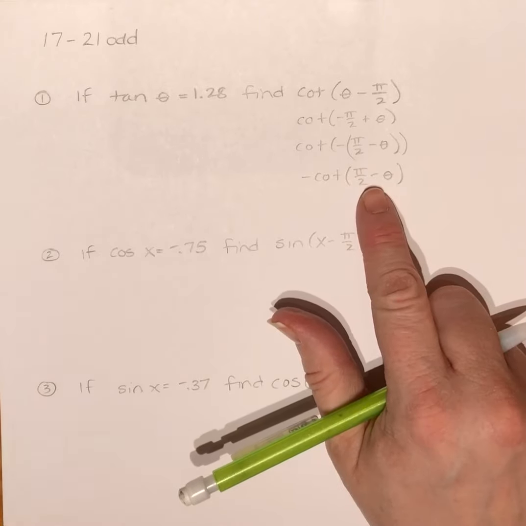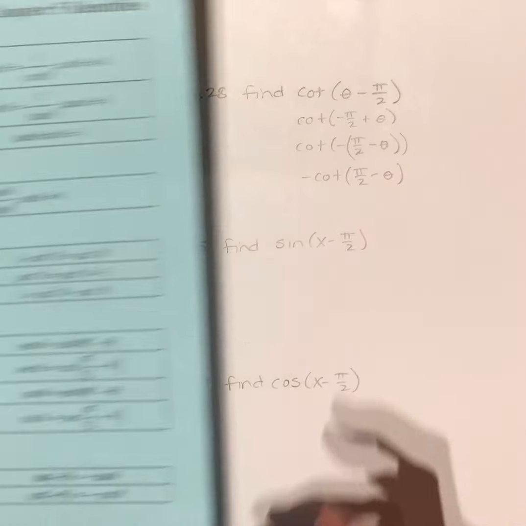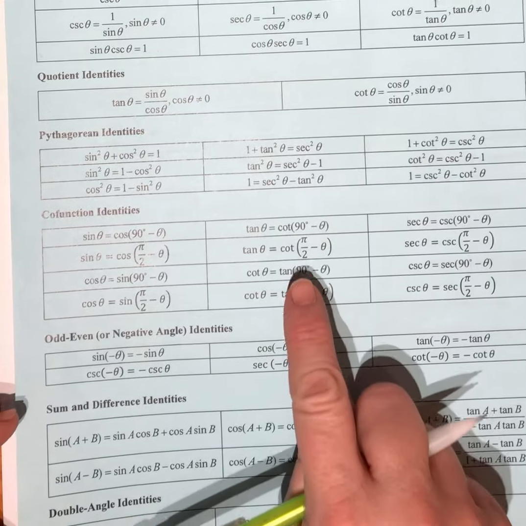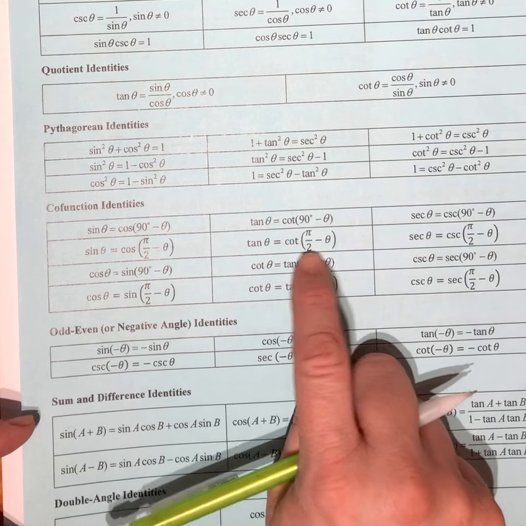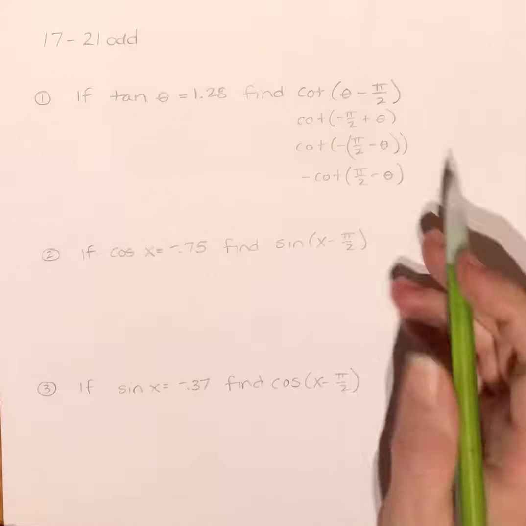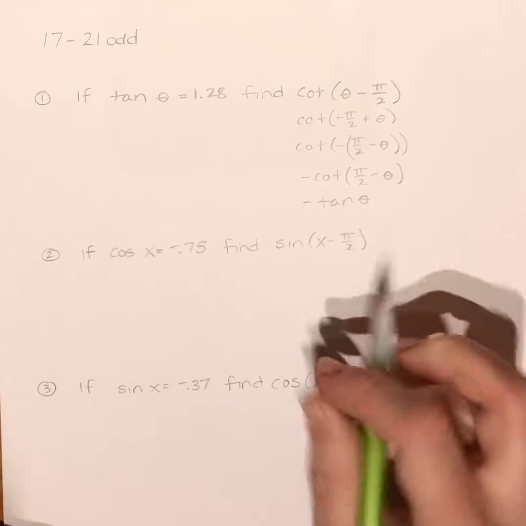Now this perfectly matches the cofunction identity. So if I go and look here, the cotangent of pi halves minus theta is the same as the tangent of theta. So I can replace this with the tangent of theta.